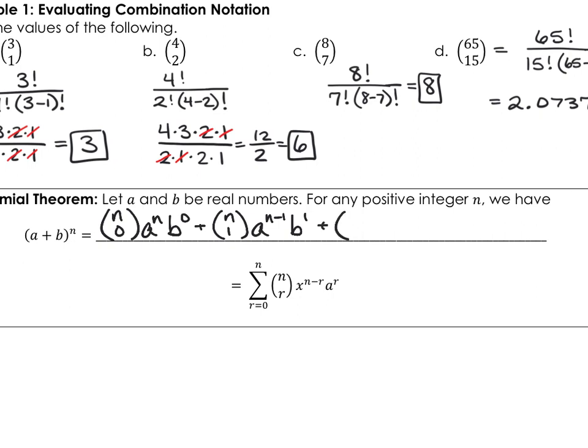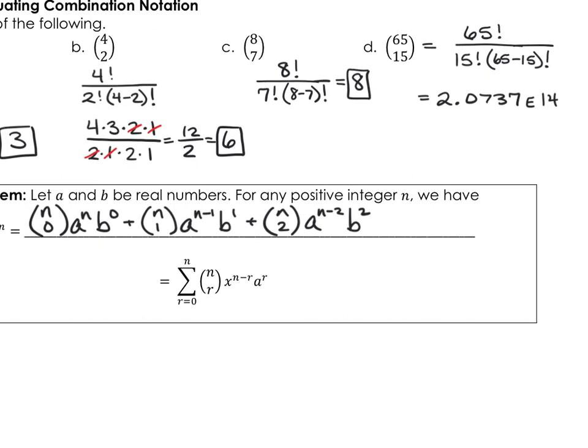Wait, where? There, yeah. Then we have n choose 2, a to the n minus 2, b to the 2. Do you kind of see the pattern here? The choose number is going from 0 and getting bigger every time. Well, that pattern is going to continue until I have n choose n, or I reach the same number. I would have a to the n minus n and b to the n power.